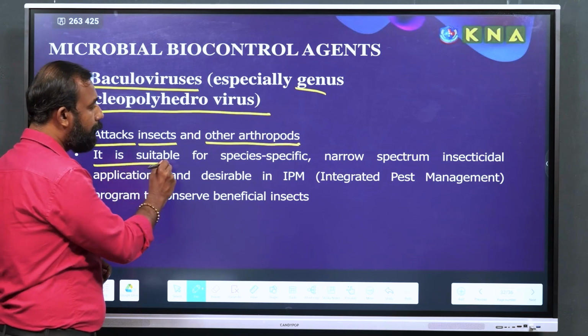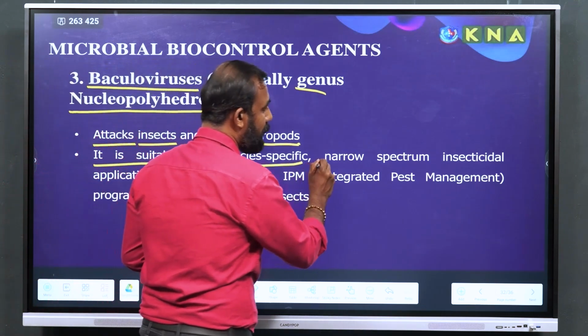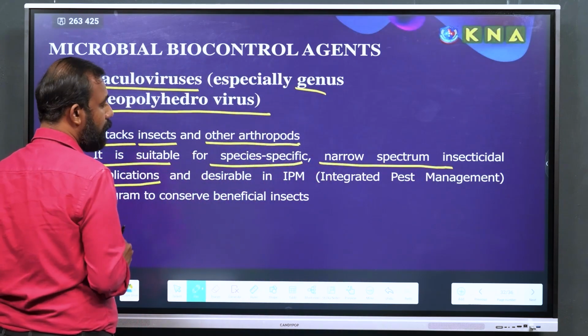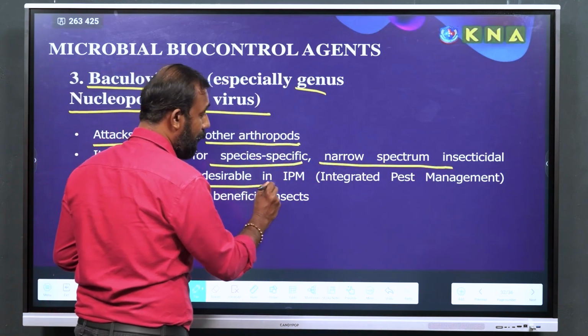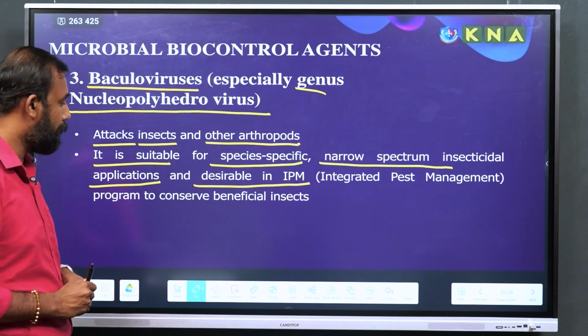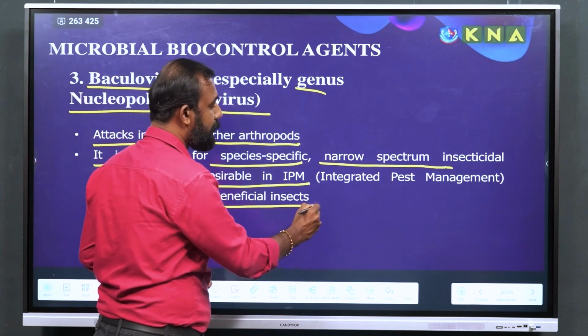It is species-specific, a narrow-spectrum insecticidal application, and desirable in IPM. What is IPM? Integrated Pest Management program, to conserve beneficial insects.